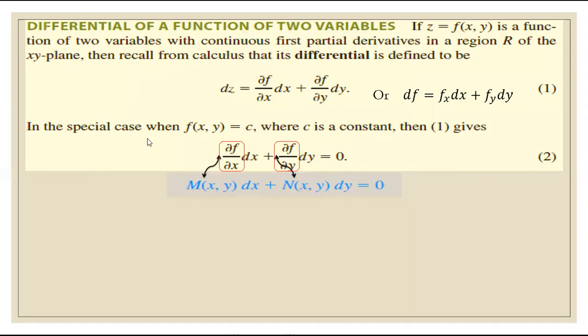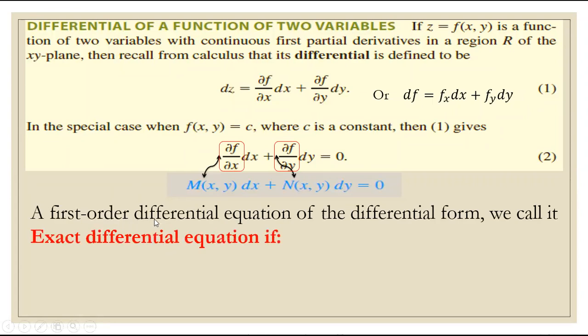So look now at what I wrote here. A first order differential equation of differential form, like this one, we call an exact differential equation. So I will call this exact if the partial derivative of f with respect to x is m, and the partial derivative of f with respect to y is n.